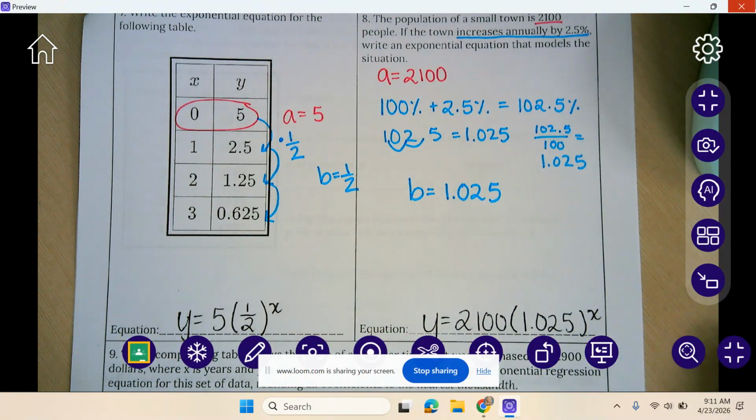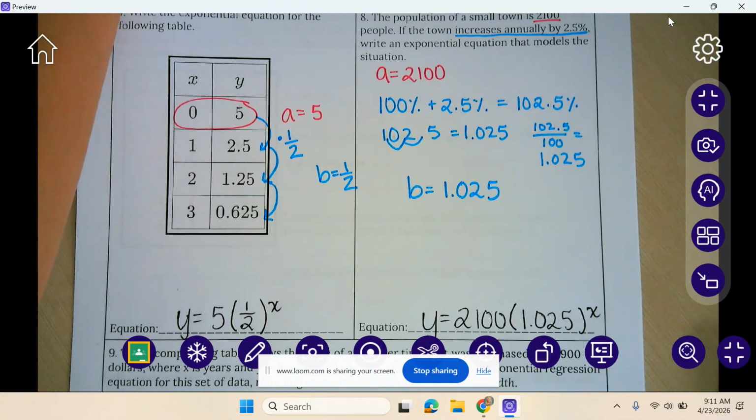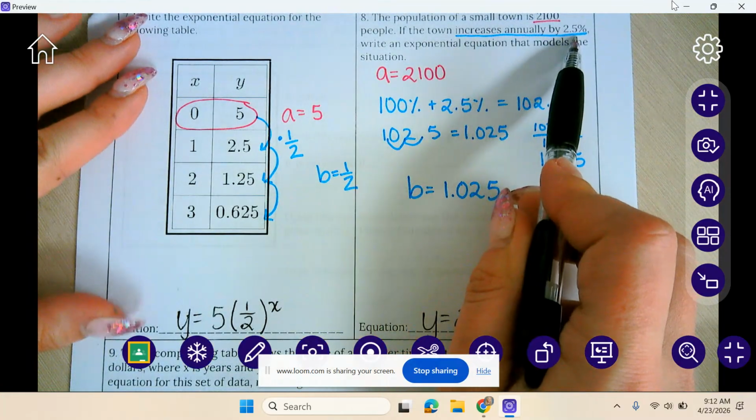Any questions on number 8? Great question. See how it says increases by 2.5%?